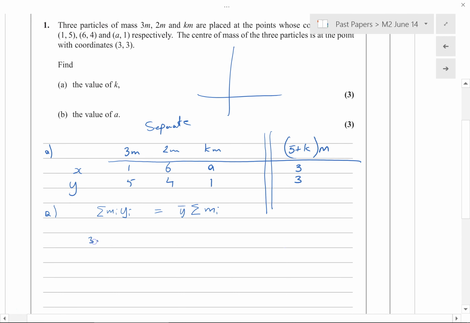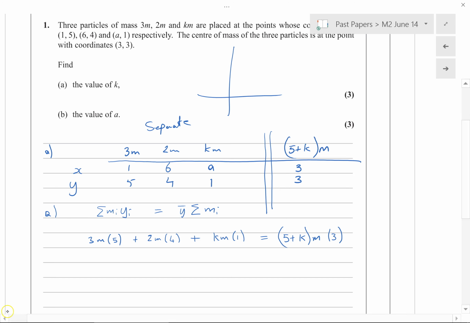So that's 3m times 5 plus 2m times 4 plus km times 1 is equal to (5 plus k) m times 3.